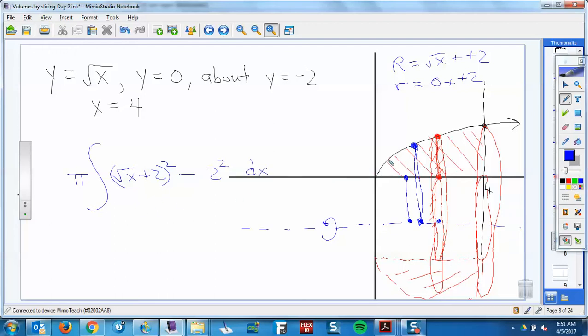And then the strips fill the space from where to where? 0 to 4. Even though I'm not using this strip for anything, it's important that I understand the strips still fill the space. The slices fill the space from 0 to 4. Okay, type that in your calculator.